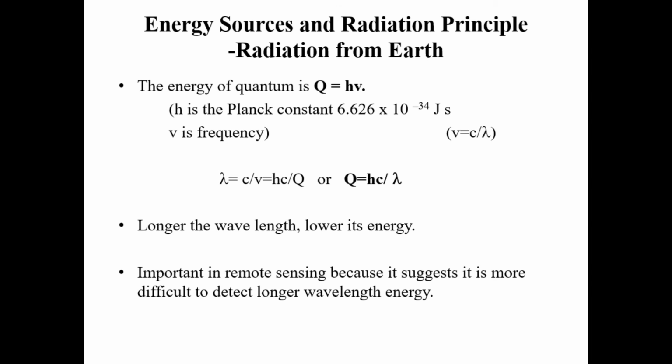For example, longer wavelength electromagnetic radiations like microwave radiation are associated with lower energy compared to the infrared regions and are difficult to sense in remote sensing. For operating with long wavelength radiations, the coverage area should be large enough to obtain a detectable signal.